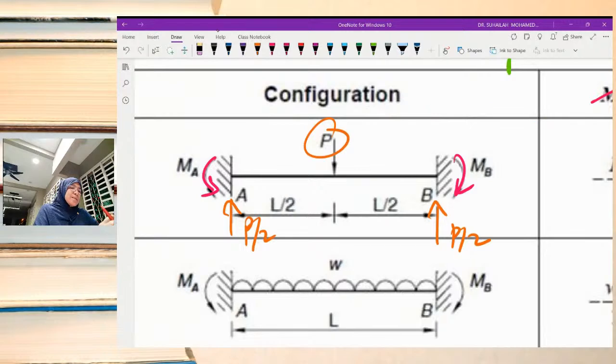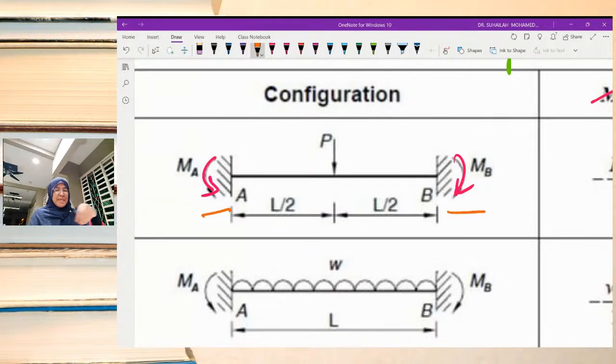So for the moment, since the fixed end moment is a behavior moment, it always acts in these two directions, because due to P this beam will bend, and the fixed end reaction will push back the beam.